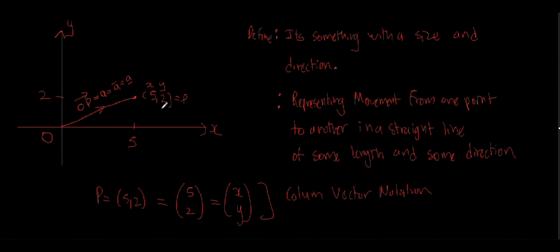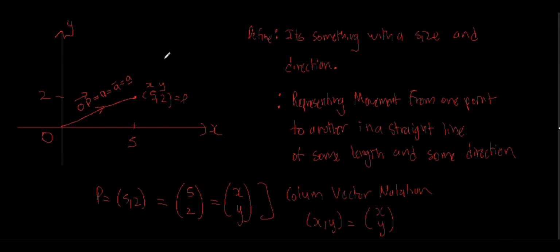So any point (x, y) on the Cartesian plane could be represented in column vector notation by just rewriting it like this. When you put it like this, it's understood you're talking about a vector. It could be a position vector, which is a vector from the origin to a point, and vectors in general are movement from one point to another in a straight line of some length and some direction.